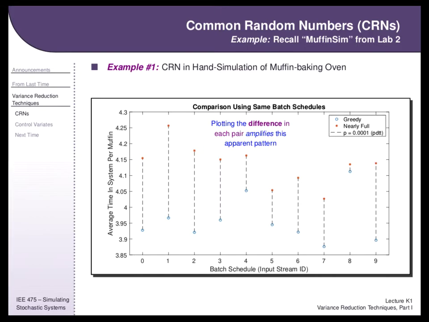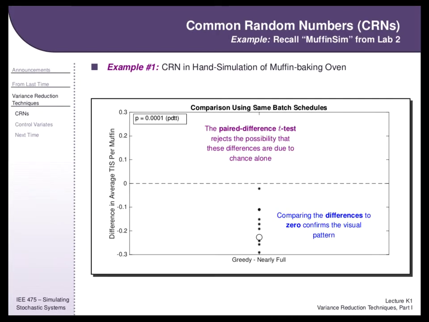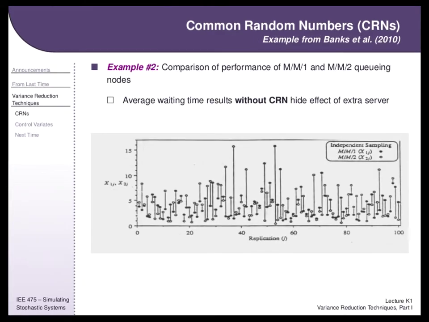And so I can now take all of these differences and plot them just as differences in a one sample configuration here, and I can see that all of the differences are less than 0. And if I did a paired difference t-test, I would find significance. Or at this point, I could do a one sample t-test just on the differences. It's identical, and I would find significance. And so that is an example of one way we reduce variance by making the inputs identical.